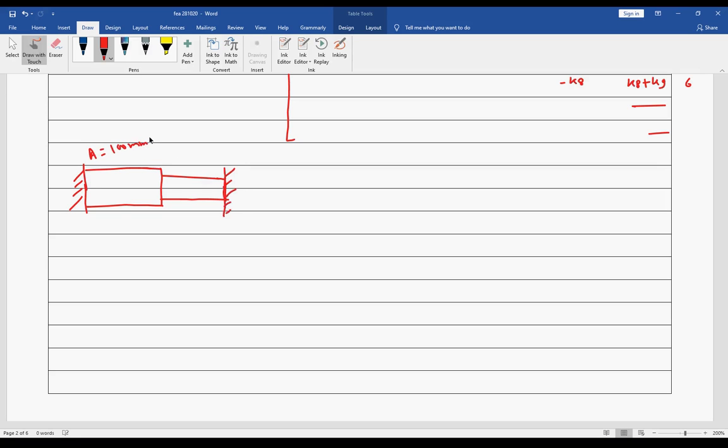So 100 square, area 50 square, and let's apply a force of F here. Just I put it F and I write F equal to 10 kilonewton. And E to be 2 into 10 to the power 5 Newton per square. Let's consider length to be 500 each.